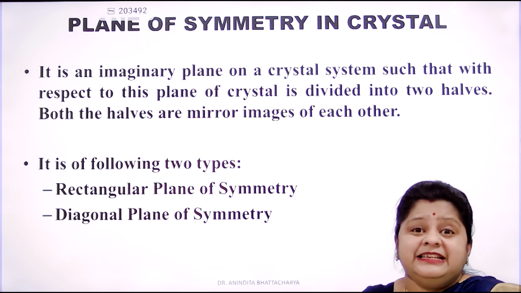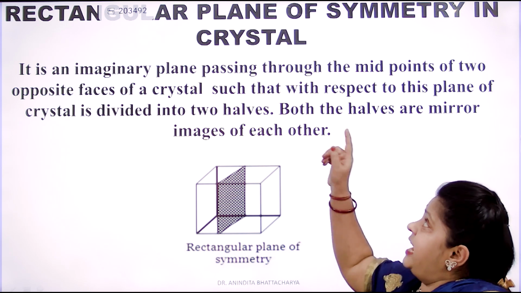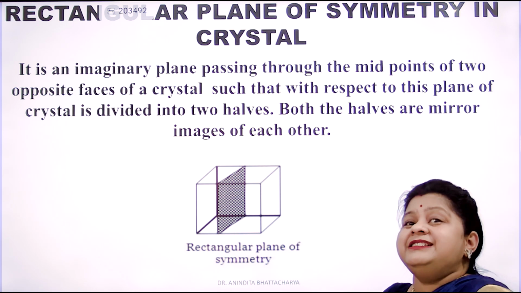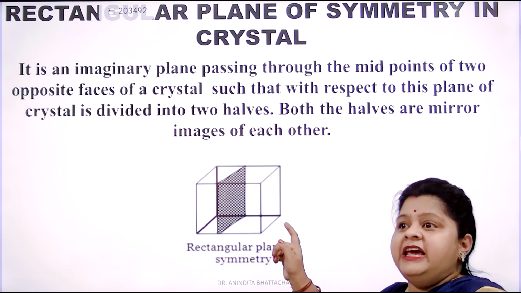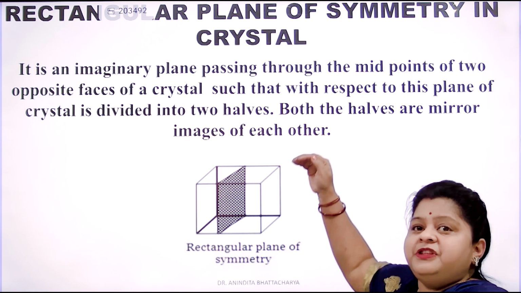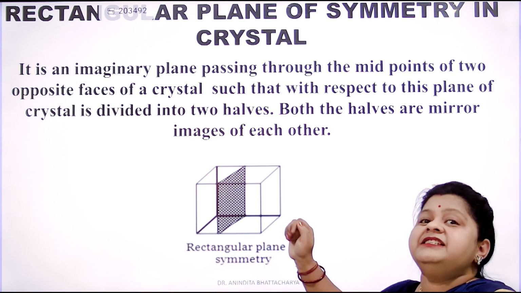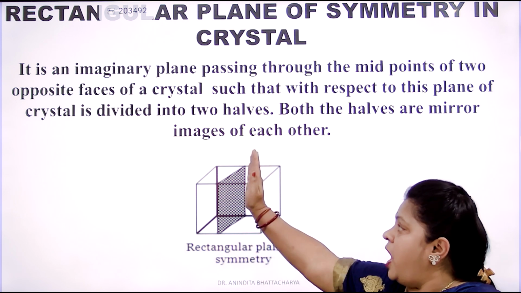Now what are these? This is the rectangular plane. It is that imaginary plane which passes through the midpoints of the opposite faces of the crystal and divides it into two halves.